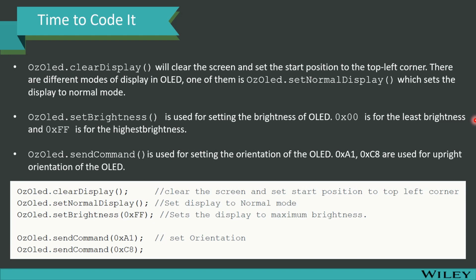OzOLED.setBrightness is used for setting the brightness of the OLED. 0x00 is for the least brightness and 0xFF is for the highest brightness. OzOLED.sendCommand is used for setting the orientation of the OLED. 0xA1 and 0xC8 are used for upright orientation of the OLED, and the same is presented as a code snippet in front of you for your quicker reference.